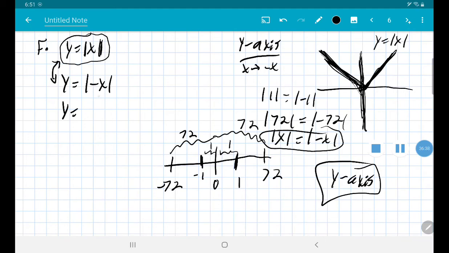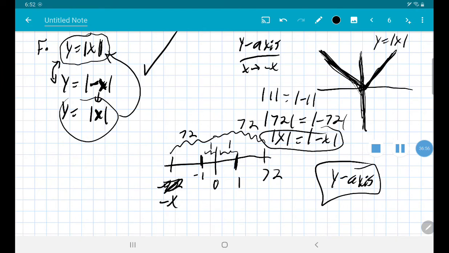So this is really exactly the same thing I started out with. Both x and negative x are the same distance from 0. Is this working okay for you now?